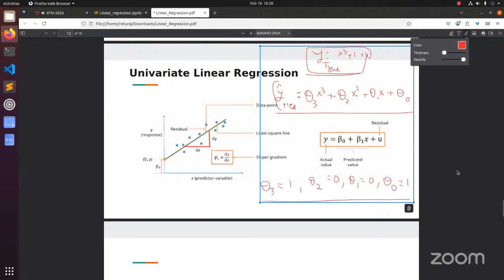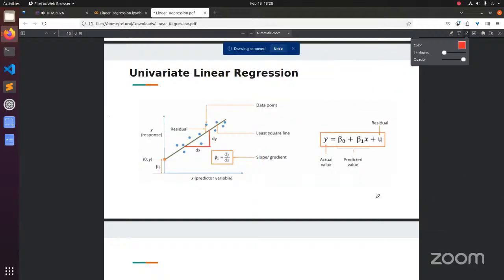Okay. So let's now move on. Now we are able to write any y prediction function. A y prediction function can always be written as some theta vector transpose times some point vector x bar. X bar can be a degree 3 polynomial, degree 4 polynomial, degree 5 polynomial. If it's a degree 5 polynomial, how many theta unknowns are there?